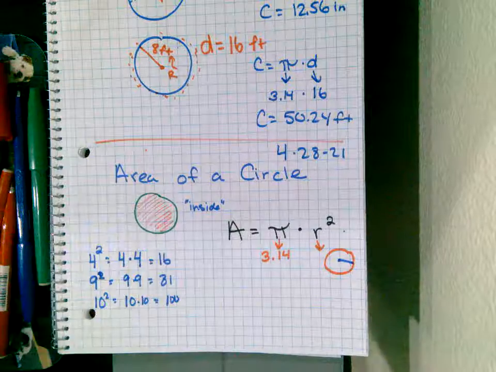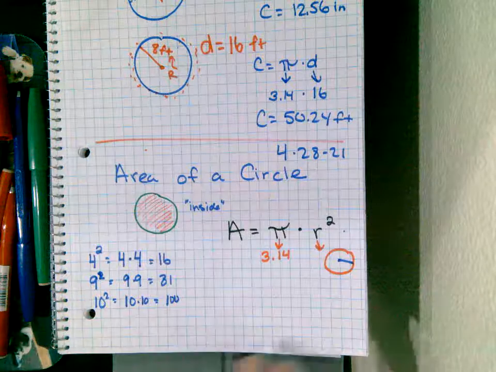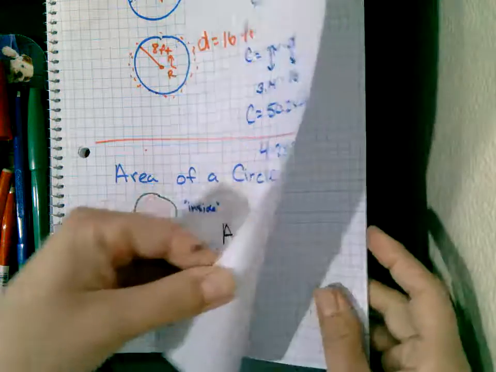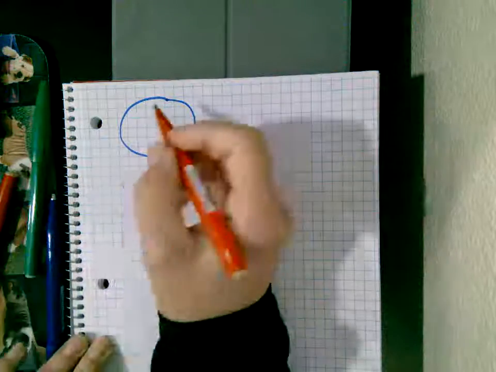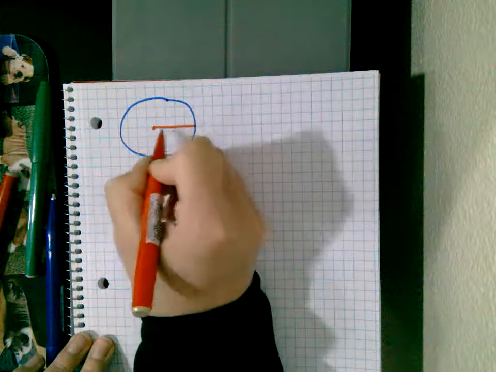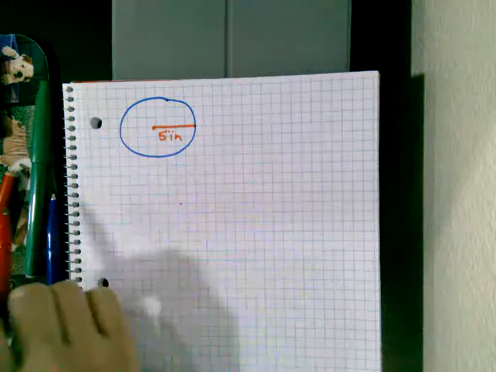All right, so let's do some examples. So I have my circle. I'm going to do a radius of 5 inches.